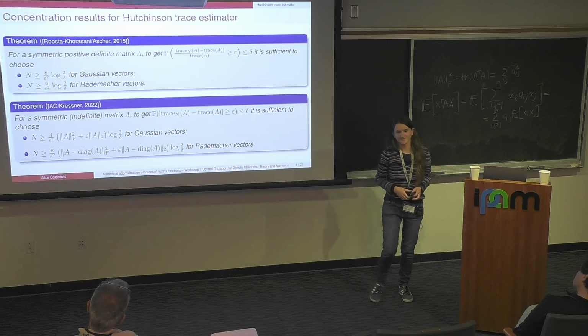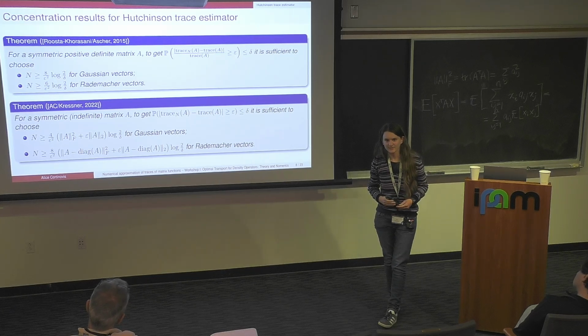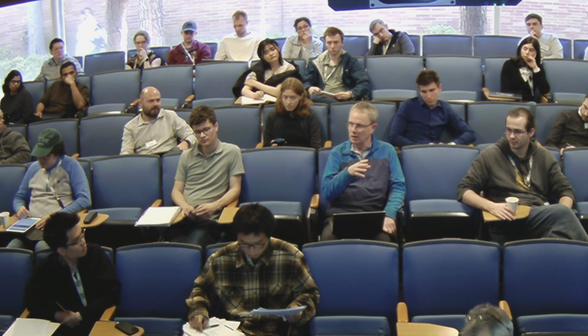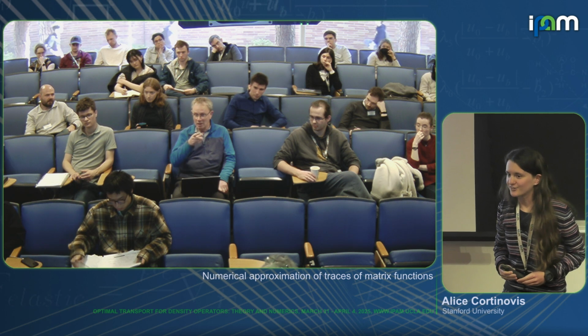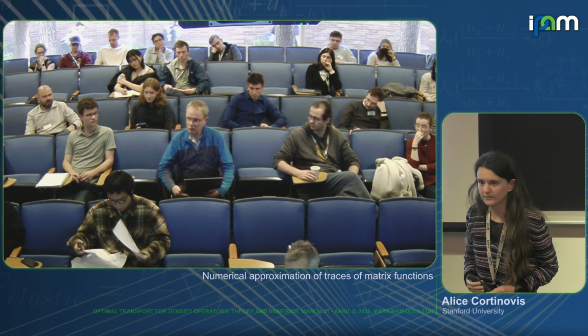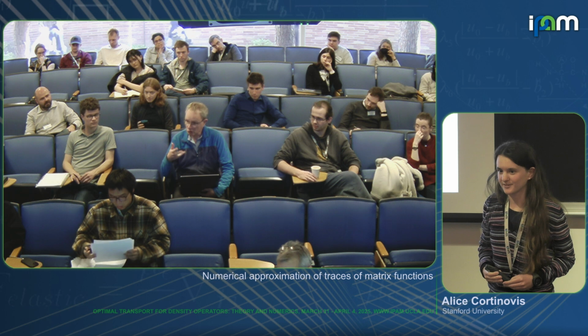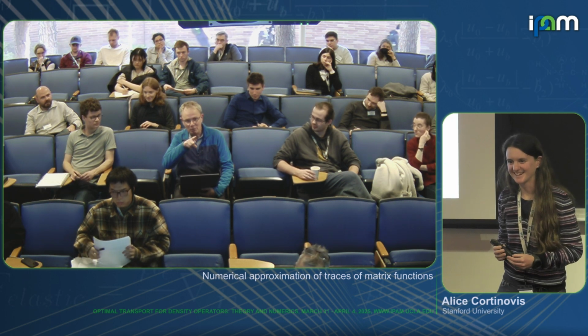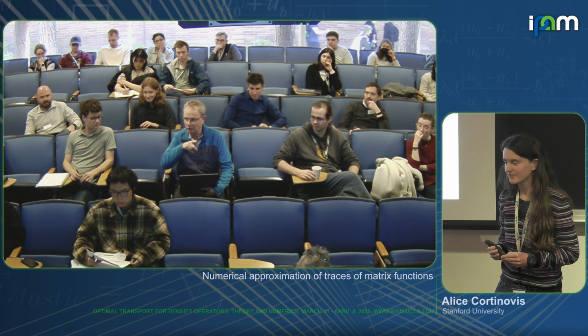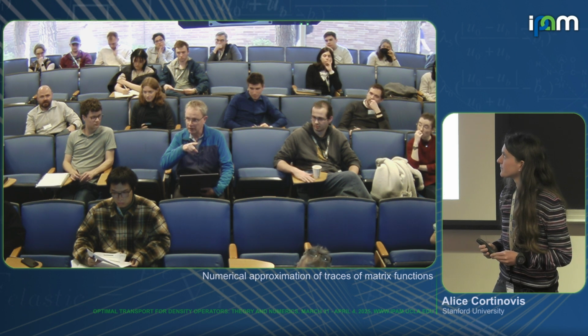Let me just try and follow that up. You can think of a very naive algorithm for getting any matrix function, which is simply to do Givens or Householder on the matrix. It costs you n dimension cubed, and then you can do anything you like if you got it into diagonal form. You could bring the matrix to diagonal form at the cost of cubic scaling. Yes, but I don't want to do cubic scaling. This is going to cost quadratic for every sample you take.